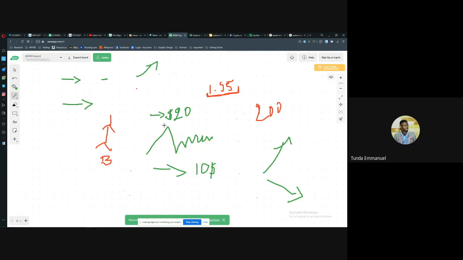So when you position yourself like this, it means you are neutral in a trade. You don't believe it's going higher than 20, and you don't believe it's going lower than 10. That's how you can be neutral in a trade, actually.